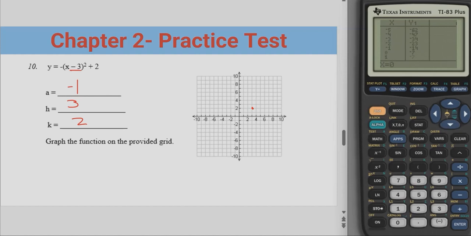I know I have a vertex at 3, 2. There it is, and then I see that symmetry. So I see data at 2, 1 and 4, 1. And that's really enough data to get the graph that I need for this problem. So I'll do my best to connect it with a nice smooth parabola.